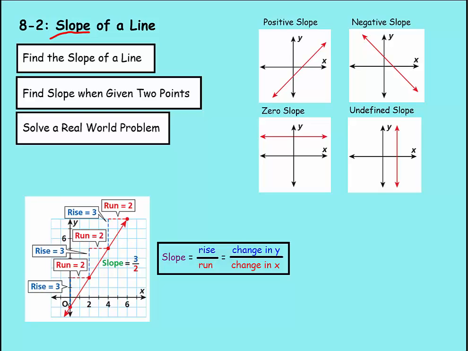In other words, it's a rise of 3 in y and a run of 2 in x. My rise would be 3, my run would be 2, so my slope in that case would be 3 over 2. And that slope is going to remain the same for the rest of the linear equation.